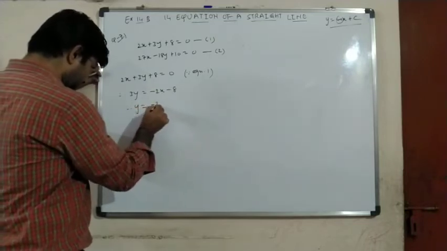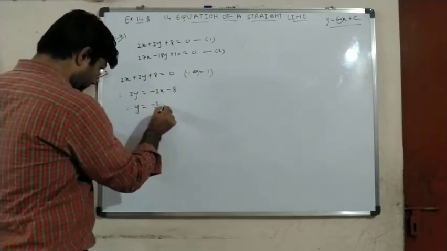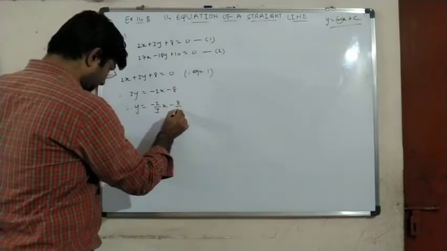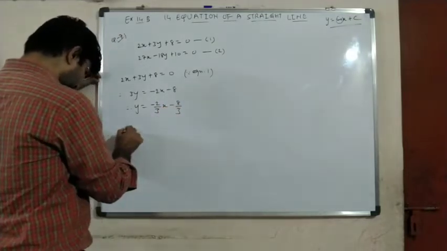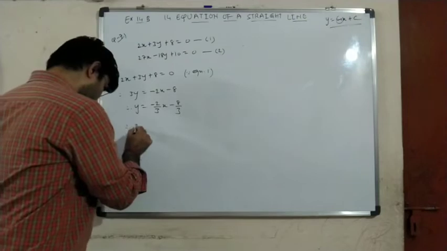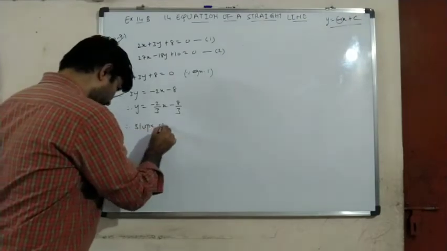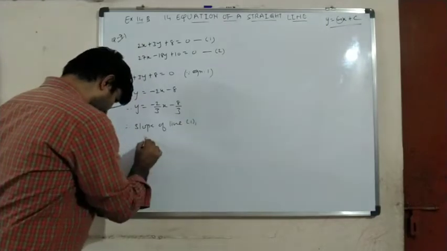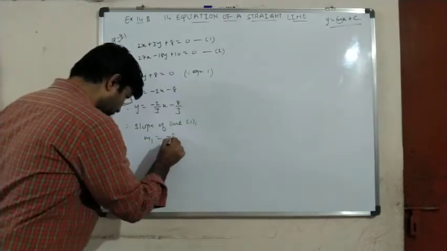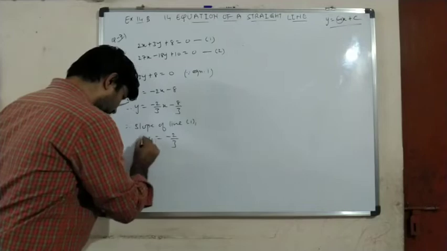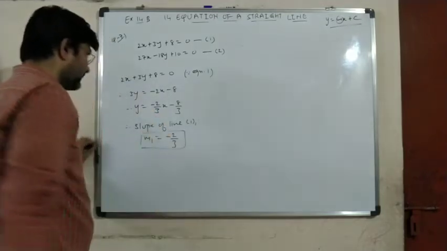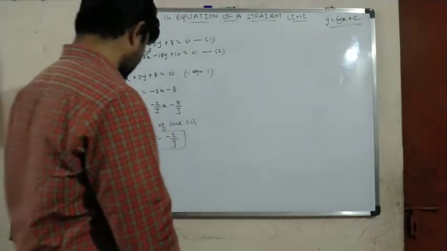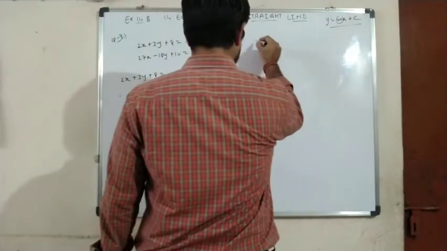Therefore y is equal to minus 2 upon 3 x minus 8 upon 3, and therefore slope of line 1 denoted by m1 will be equal to minus 2 upon 3. Clear?